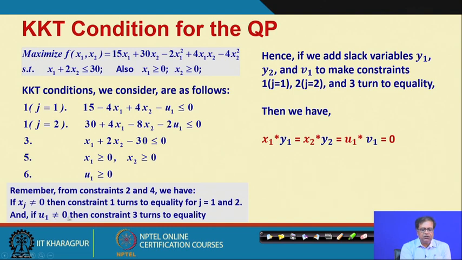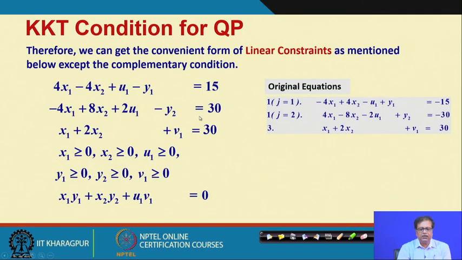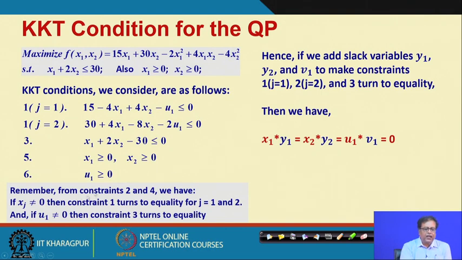If xj is not equal to 0, constraint 1 turns to equality, for j equal to 1 and 2, meaning both these conditions turn to equality. And constraint 3 turns to equality if u1 is not equal to 0.